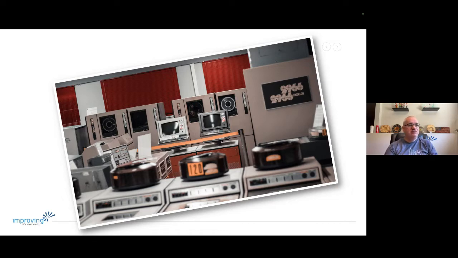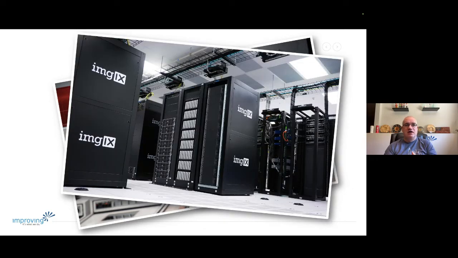Today, we've shifted to more rack-mounted or server-based compute, where the unit of scale has gotten smaller, the unit of cost has gotten smaller, and it's much easier today to deploy and deliver hardware than it ever was in the past. And it continues to evolve, right?